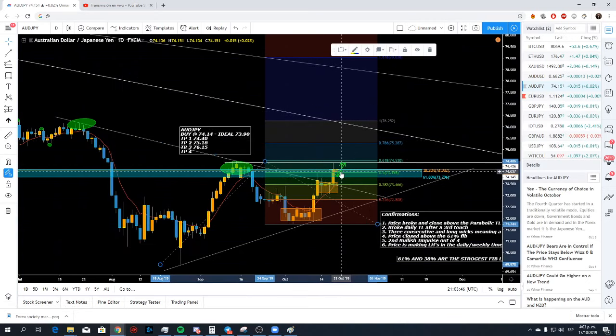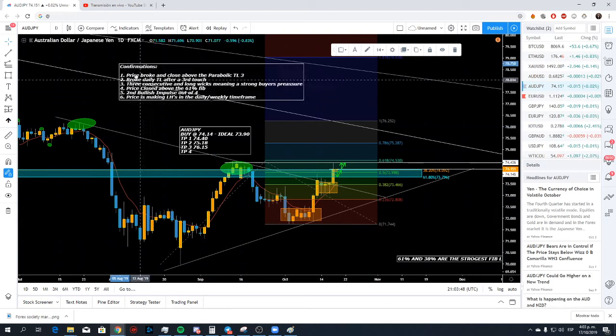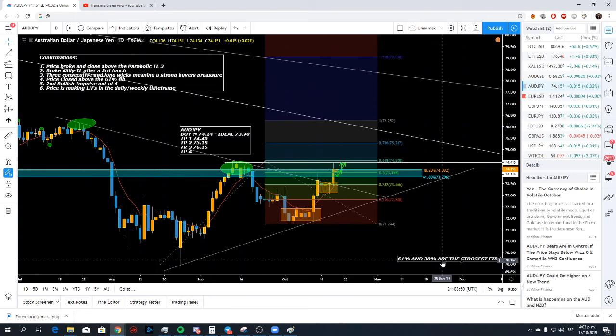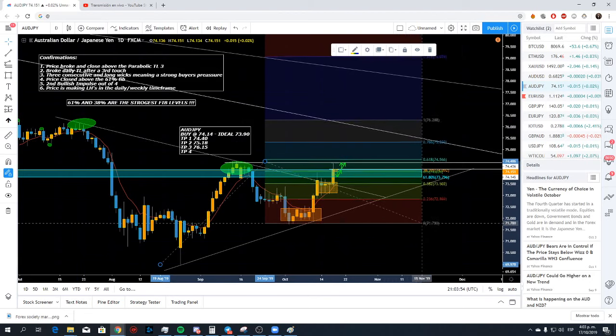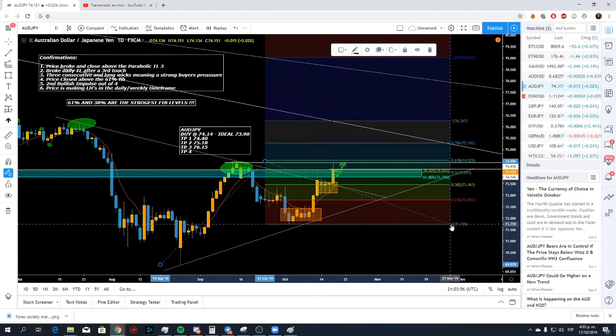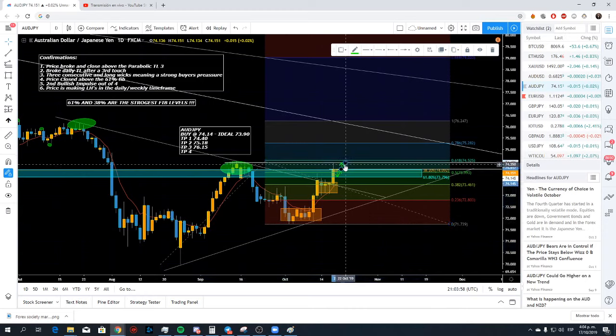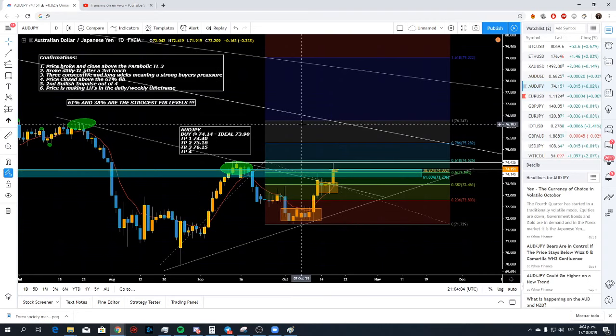So let me draw this here. Bring this here. Okay. Let's give it a go. Remember, guys, it won't go straight to this take profits. In the way to those targets, price can make corrections, daily corrections that sometimes are 50, 80 pips.